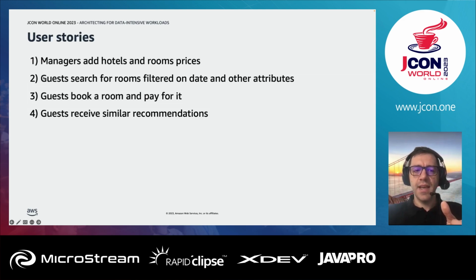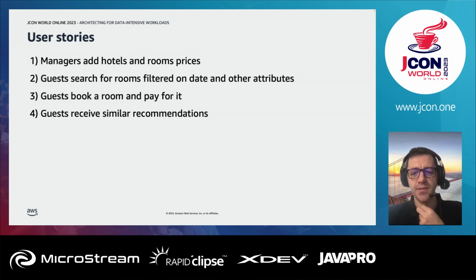Maybe the guests then start a user story to book that room and pay for it, so we need a payment module, and maybe they receive some similar recommendations at the end. If you book this, maybe you are interested in that, or you may need a taxi or a flight for your booking. So you write your user stories. That will be the first step.